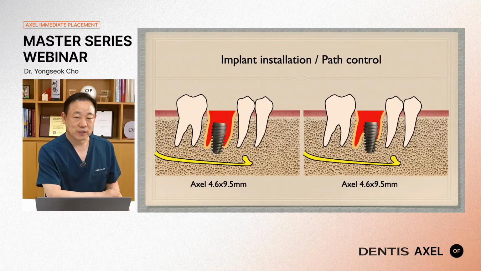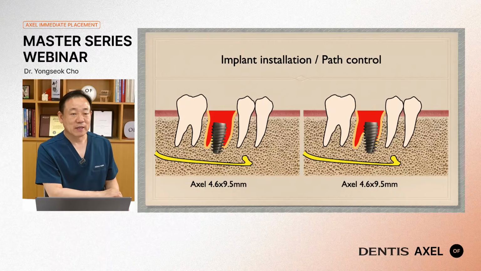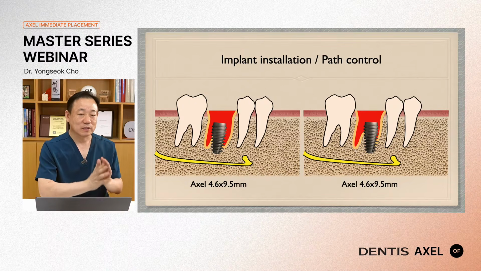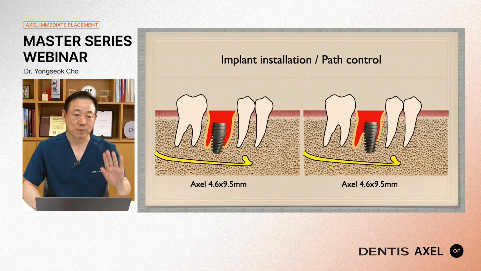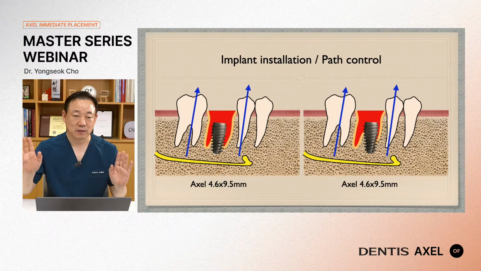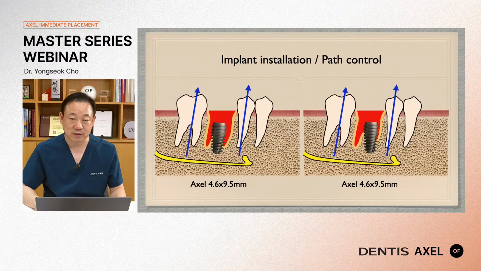There are two situations when we can place implant at the center of the socket. Generally, inside the septum, we can keep the path watching adjacent teeth, and bisecting path is ideal. Anyway, the hole is at the center.